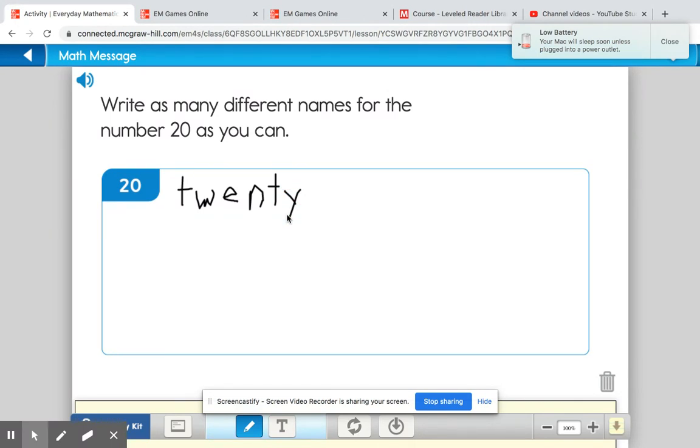So that is another way that we can write the number 20.